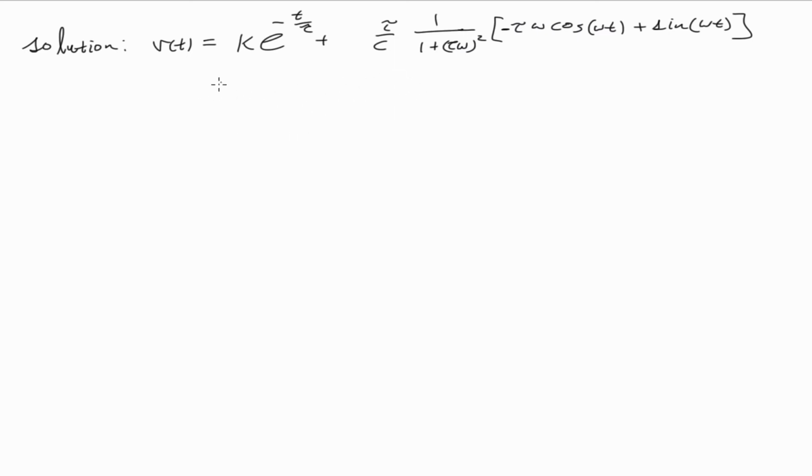Let's see if we can see two parts to it. First, this is a decaying, or what I call the transient piece. And of course it goes to 0 as t goes to infinity. As it gets large, it decays away.